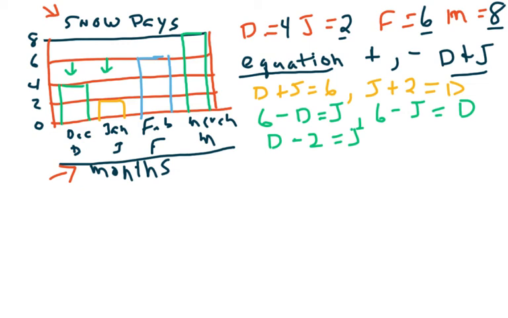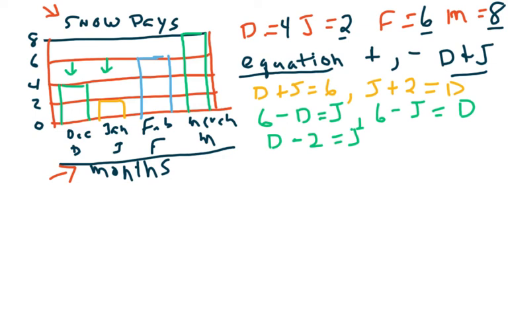Also, January plus 2 is December. In other words, January had 2 days of snow and 2 more days of snow, so it was equal to December, 2 more days of snow.